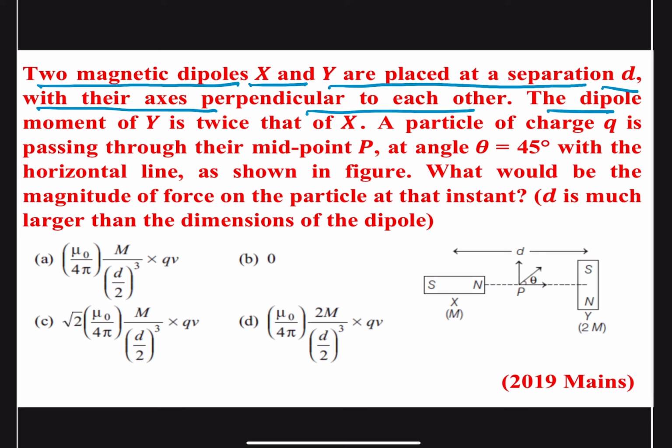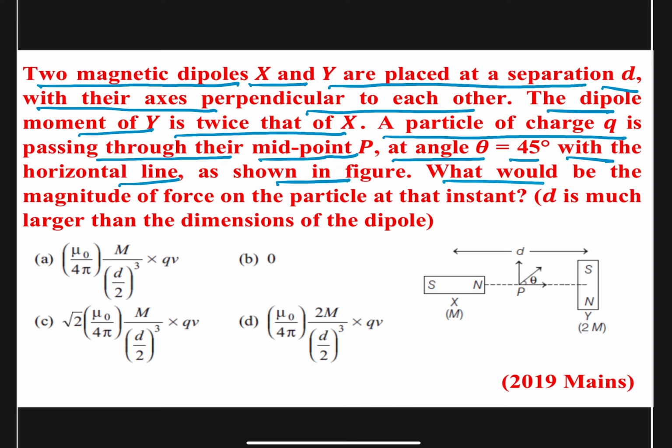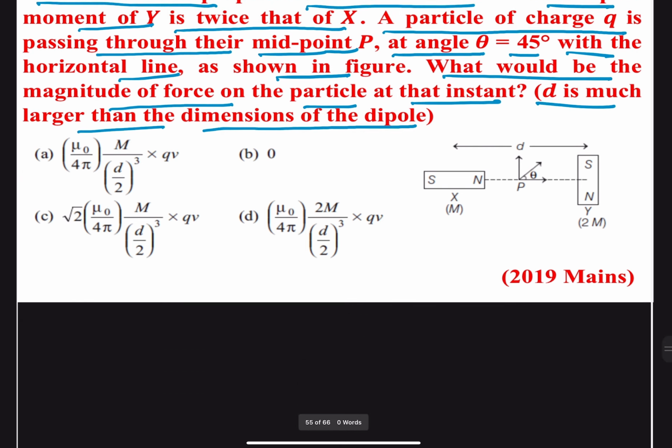The dipole moment of Y is twice that of X. A particle of charge Q is passed through a line through their midpoint P at an angle theta, which is 45 degrees with the horizontal line as shown in the figure. What would be the magnitude of force on the particle at that instant? D is much larger than the dimensions of the dipole.